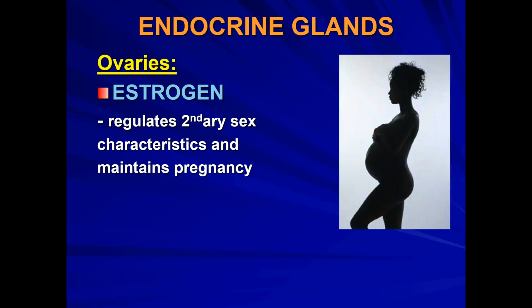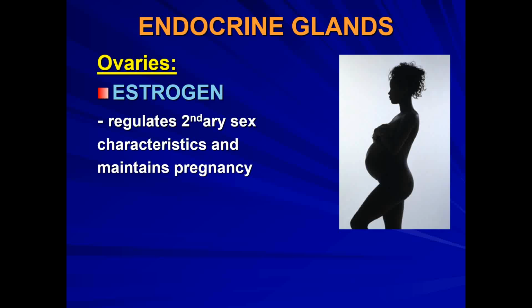So once the body is pregnant, it's estrogen that's in charge of maintaining the uterus and maintaining the connection to the placenta. And when we say secondary sexual characteristics, primary sexual characteristics are the actual anatomy, the structures that make a female a female: the uterus, the vagina, the ovaries. But secondary sexual characteristics are what develop in adulthood.